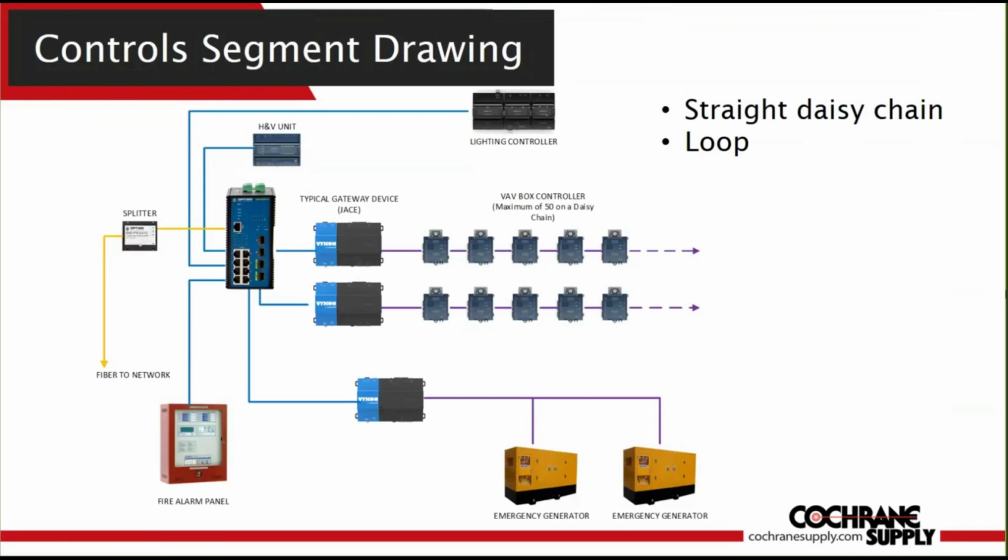So as a consulting engineer, if you show this on your drawing, that's plenty for a systems integrator to look at and say, I understand his intent. And remember, as a design professional, you always want to express intent. This is enough information that I'm sure any systems integrator on the line right now would agree that this is enough information for them to understand what the intent is, right?